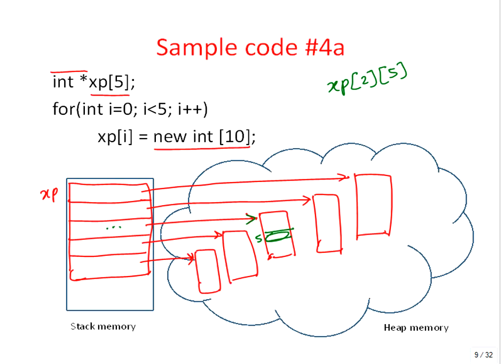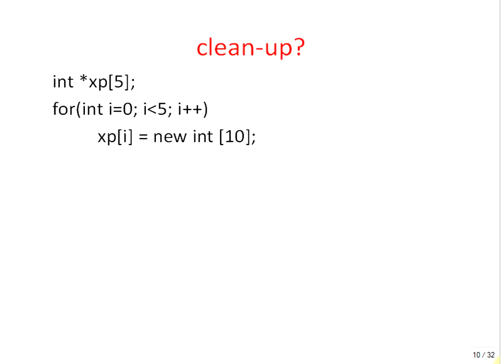So how do we delete now, since we allocated 5 memory blocks? Well, you use the same for loop and delete. We allocated, and let's see whether we have the next slide.